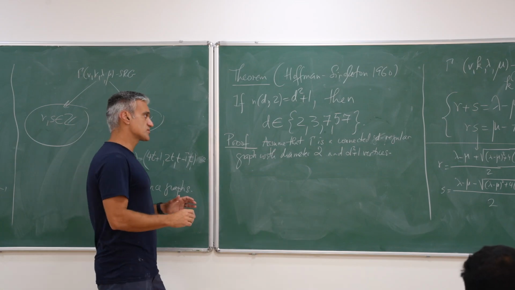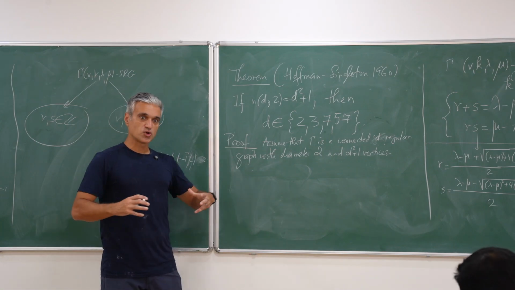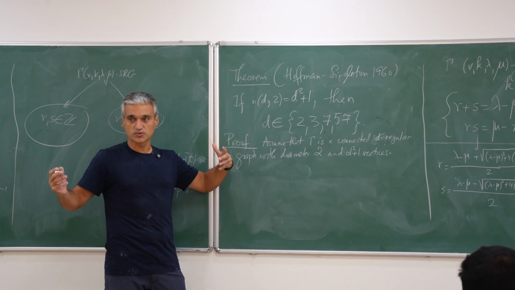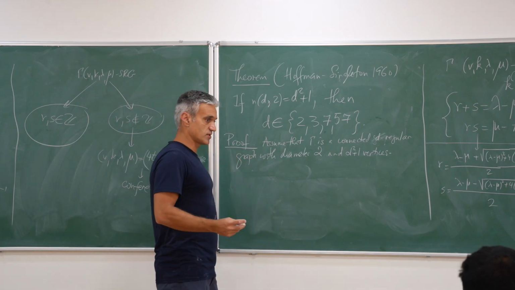So this graph, in some sense, is the most stretched. It's the largest graph that you can make with diameter 2 and d-regular.